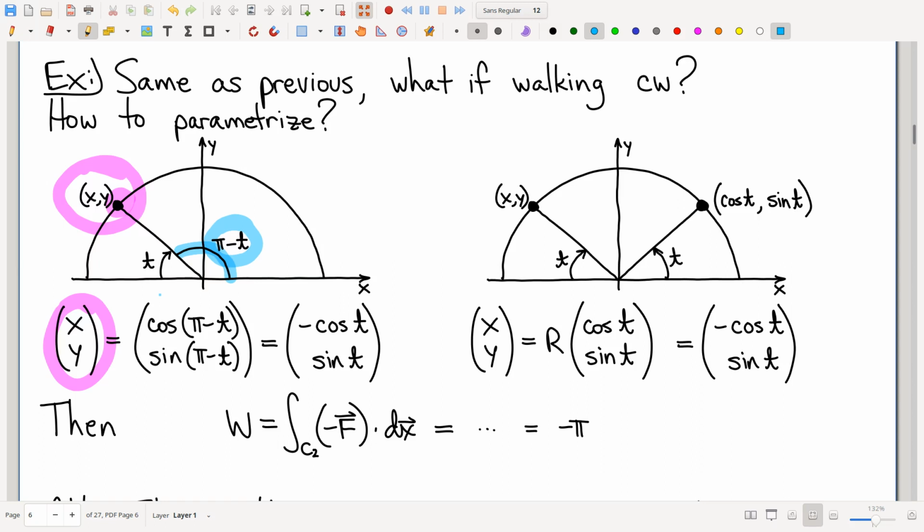Measured from the positive part of the x-axis, all the usual thing. And so I can immediately write down cosine theta, sine theta. And I just have to remember that theta is, of course, not t, it's pi minus t. What do you think? Everybody good so far?